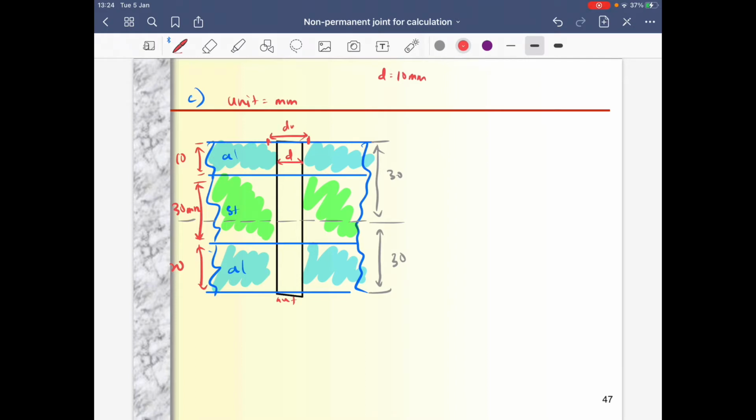Here, dW. The washer diameter is usually 1.5 D, so it becomes 15 mm. Similarly, we put it at the bottom, dW.